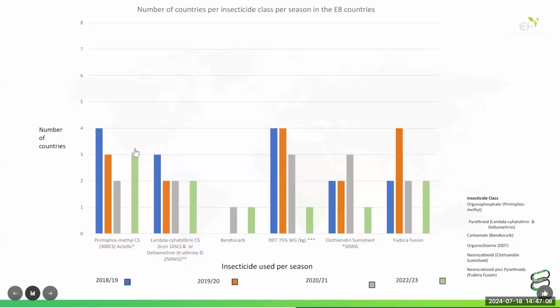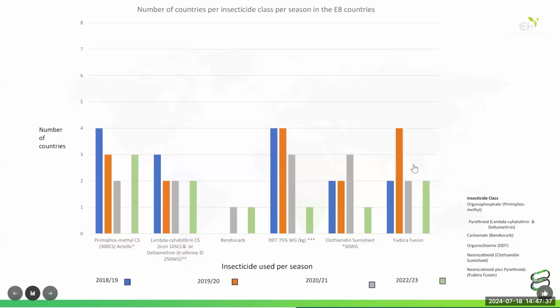Then when we go to pyrethroids, you could see that over the years only 2 countries maintained the use of this product, because from their evidence they could see that the pyrethroids were still usable, or just that probably their resistance management strategy wasn't robust enough to detect the presence of resistance to pyrethroids.